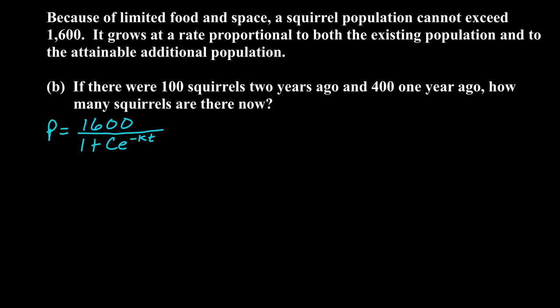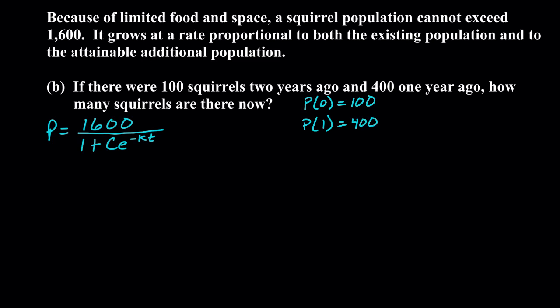All right, so this says that if there were 100 squirrels 2 years ago and 400 1 year ago, how many squirrels are there now? So that actually gives us two coordinates that we can utilize for this problem. The first one is P of 0 is going to be 100 squirrels, and then P of 1 is going to be 400 squirrels.